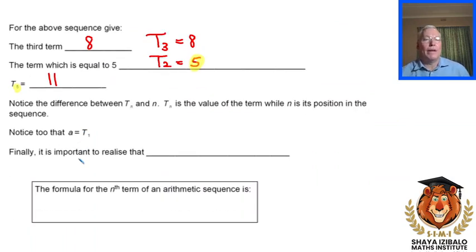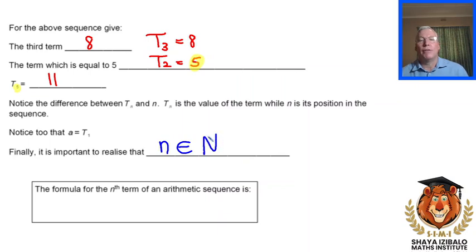Now, what we do know is that we call A T1. That's our first term. And then a big idea also is that n is a natural number. A natural number, we write the N with a sort of double line like that. The natural numbers are the whole numbers 1, 2, 3, 4, 5, 6, getting bigger and bigger.